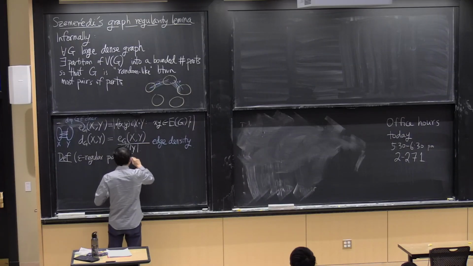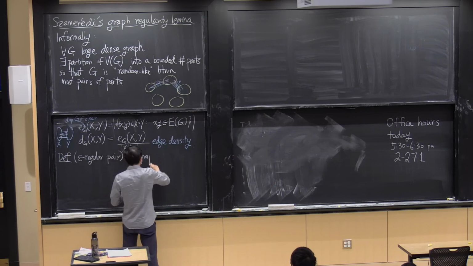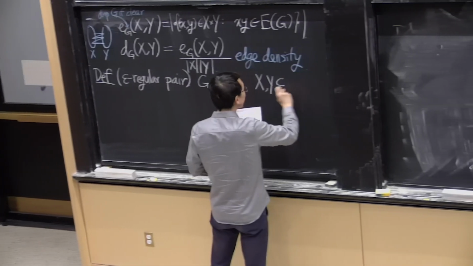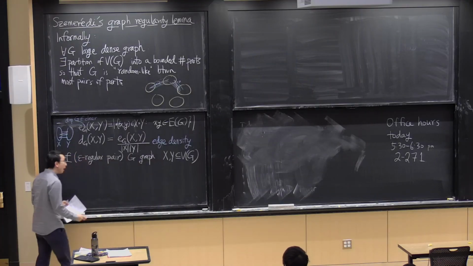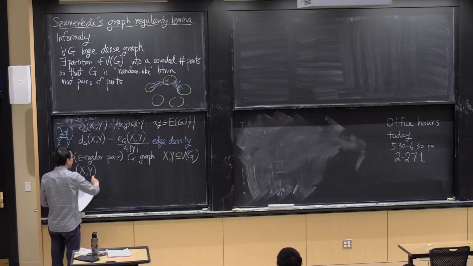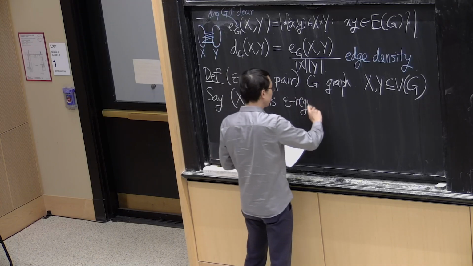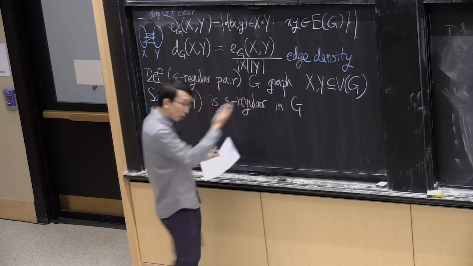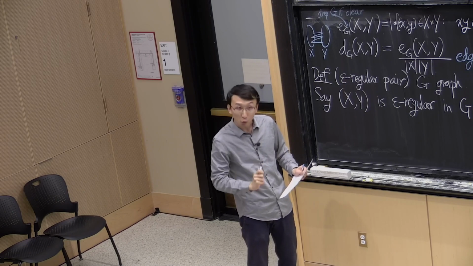So throughout, and later on I will omit even saying this, G will be some graph, and we're going to be looking at subsets of vertices of G. And we say that this pair of subsets of vertices is epsilon regular in G, but later on I will even drop saying in G if it's clear which graph we're working with.